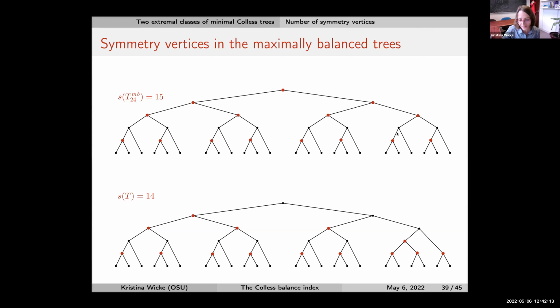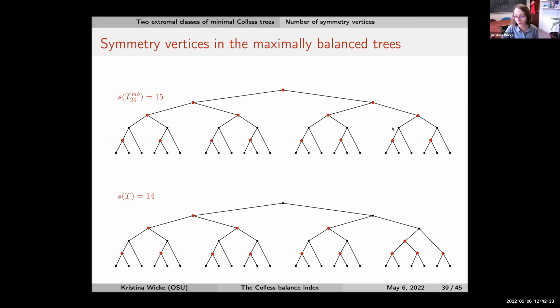If you look at those trees, they look very similar. In this tree, the left subtree is the same here, and the difference is the right-hand subtree. And what I basically did here in this upper tree, the maximally balanced tree, is that this tree is maximally balanced, and this tree is maximally balanced on 6 leaves respectively.